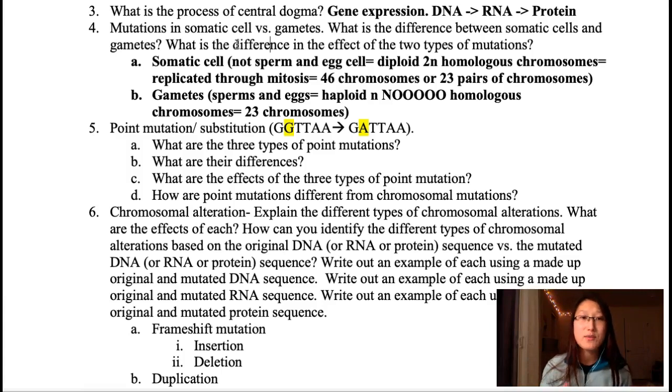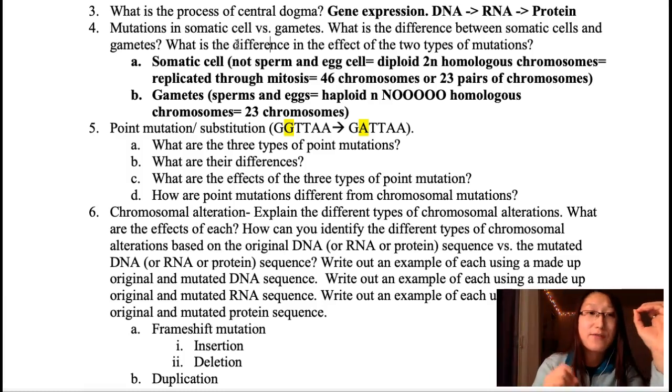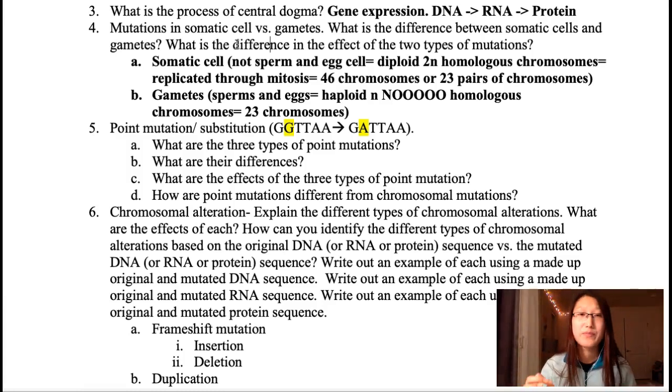However, if there are mutations happening to the gametes that are produced, and it just so happens that this particular gamete, by chance, is the one that's fertilized and becomes the offspring, then since the entire offspring comes from this one original cell, every single cell of the offspring's body is going to be affected by this one mutation that happened to your gamete.